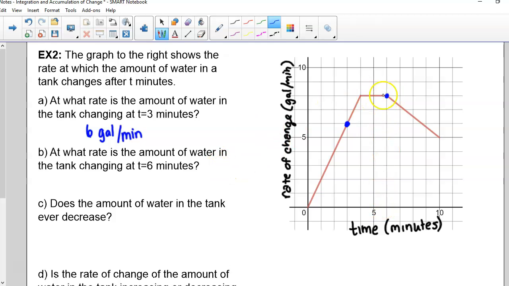You're just reading it off. Same as part A, you're just reading it off the graph. So it would just be 8 gallons per minute. So if I ask you about the rate of change of the amount of water in the tank for anything, you just are reading the points off the graph.